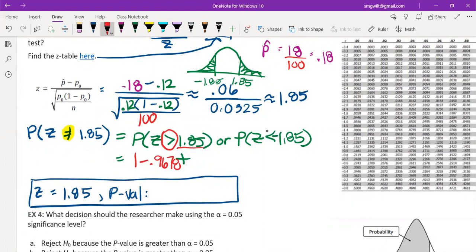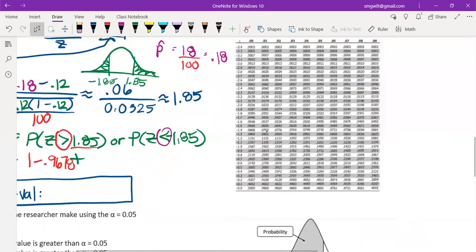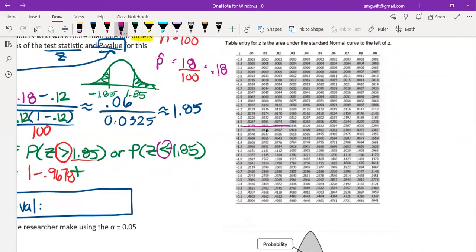I could also look up negative. So we'll see that that number ends up being the same. So when it's less than, I'm just looking at that number. So negative 1.85 is 0.0322.